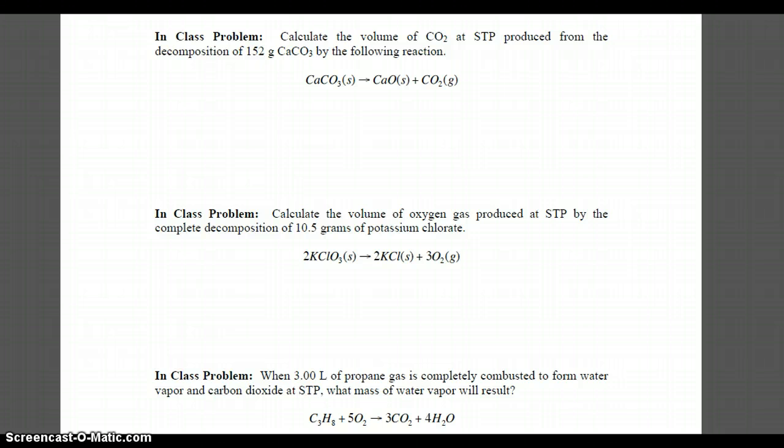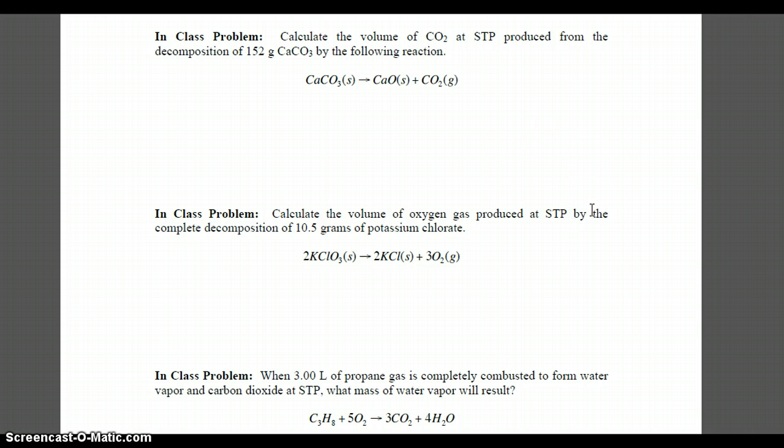So you're starting out with information about a solid and you need to convert into moles of your gas and then convert that into liters. So pause the screencast and take a moment to do that. Okay, so the answer to this problem up here should be 34.1 liters of CO2.